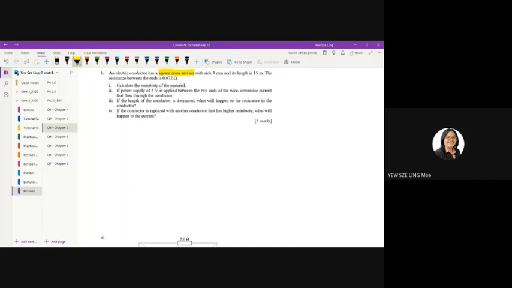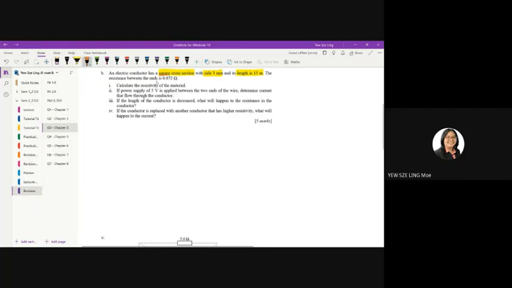So an electric conductor has a square cross-sectional area with side 3 mm and length is 15 meters. Side 3 mm. This is a square. So the surface area is 3 times 3 mm, not 3 times 15 meters. Quite a lot of you use 3 times 15. That is wrong. Do you understand what is square?